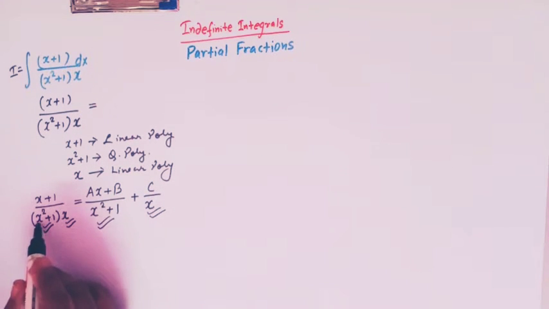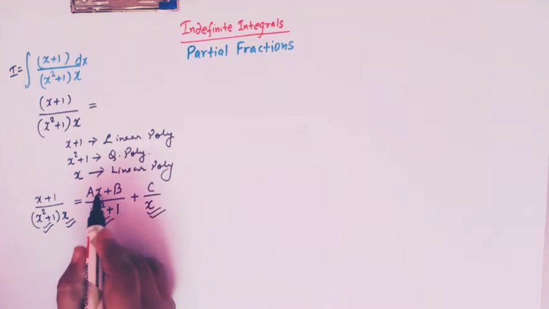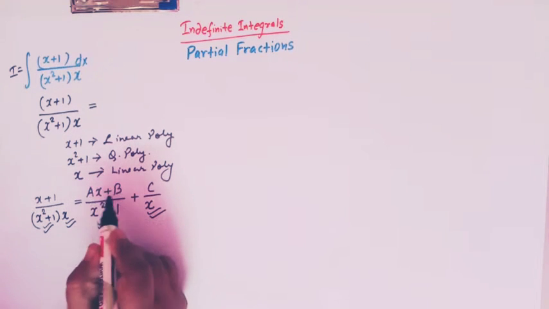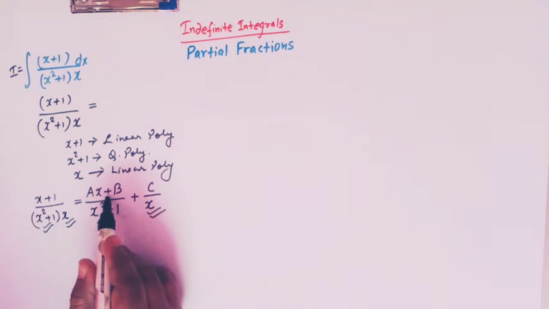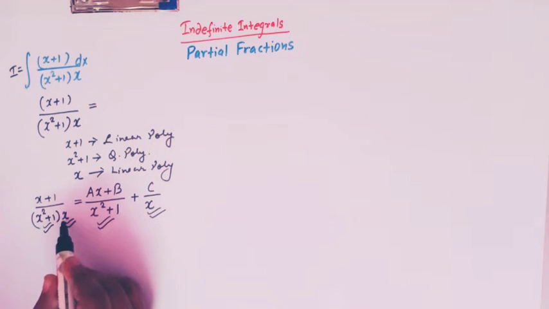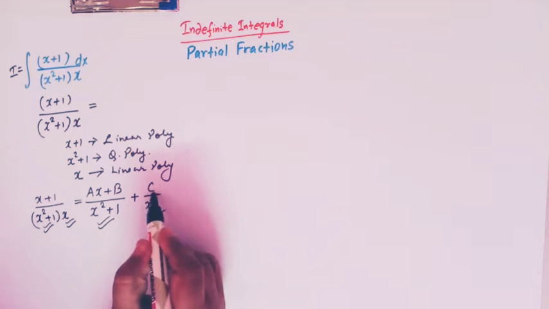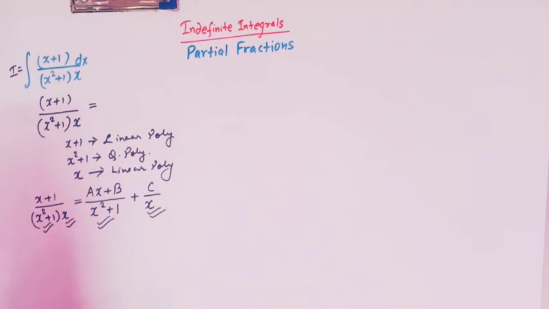Since this is a quadratic polynomial, we assume the ax plus b form in the numerator, and this is a linear factor, so we assume simply a constant c in the numerator. And now our aim is to find the constants a, b and c.